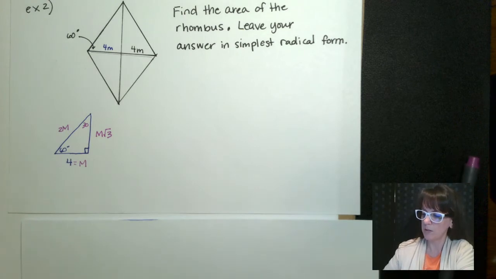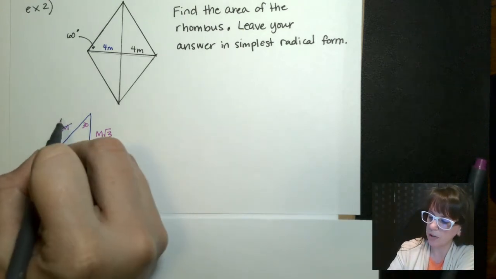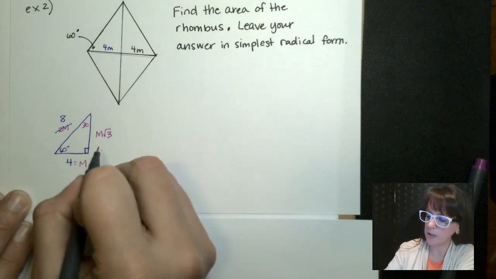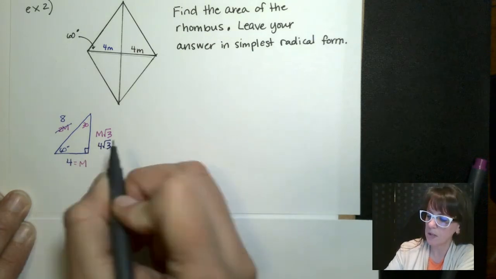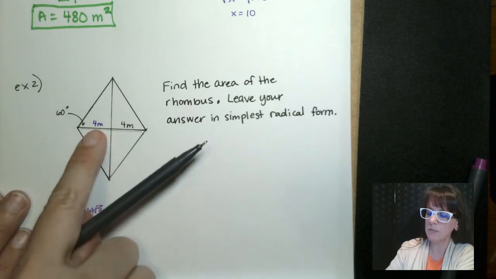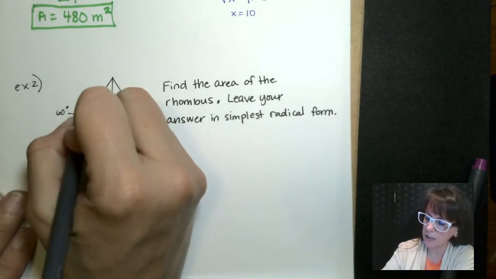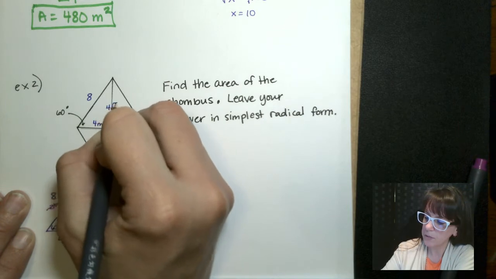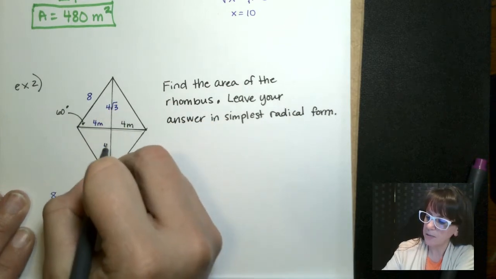So this is going to equal 8. And because we know M equals 4, over here we know this is going to be 4 root 3. Bam. Okay, so this is 4. This is 8 over here. And this is 4 root 3. This is 4 root 3.